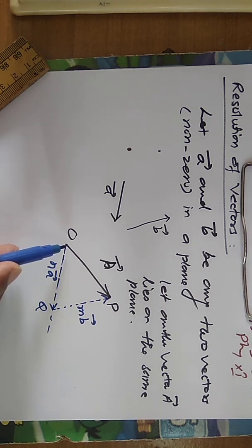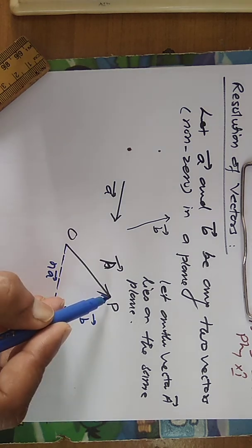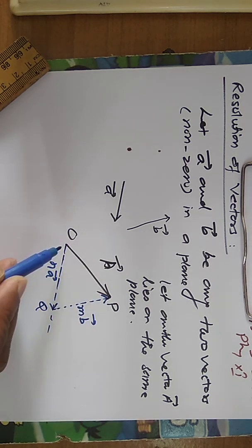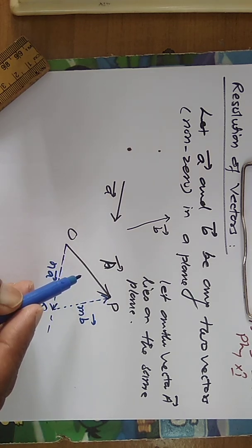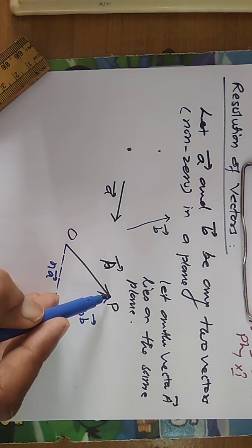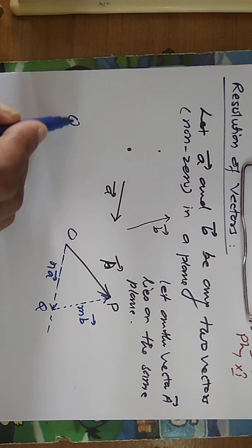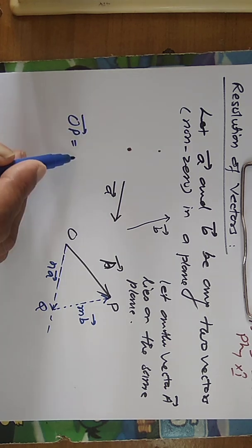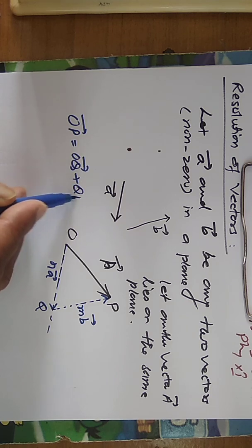Now you see here OQ and QP. The sum of these two will be equal to OP according to the triangle law of addition of two vectors. If you add OQ and QP, it will be equal to OP. So OP is equal to OQ plus QP.